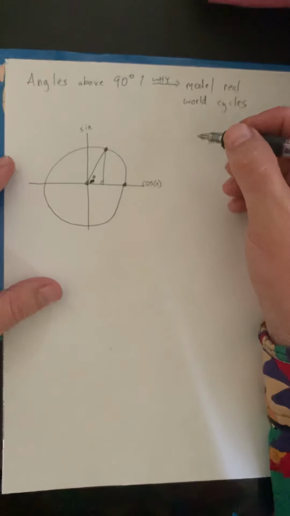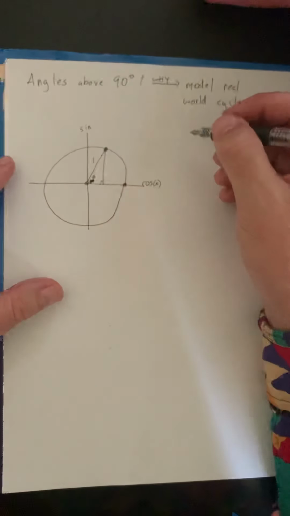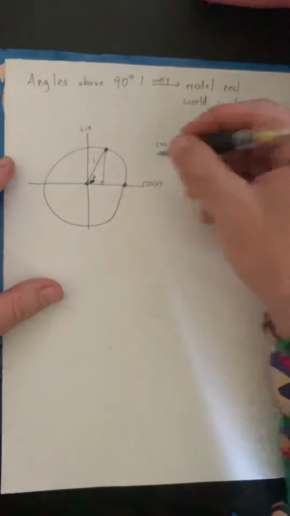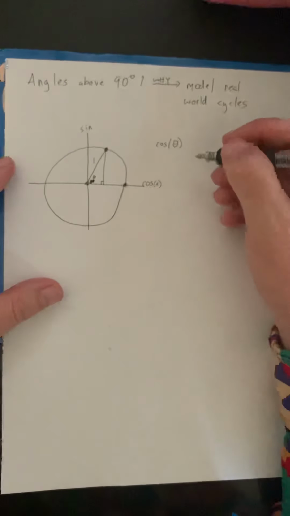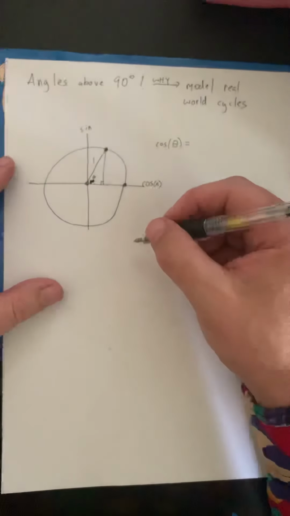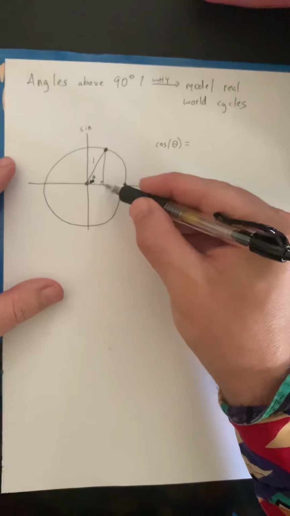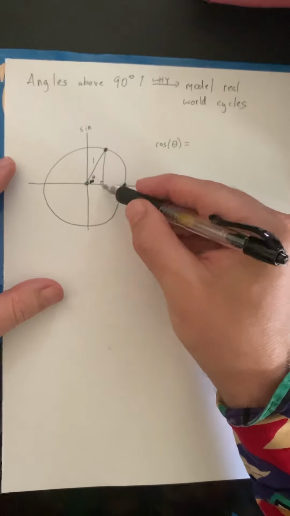If you're looking at that right triangle, and we know that the circle has a radius of 1, you say, okay, let's find the cos of this angle. We don't know it, so I'll call it theta. This is like x, but you use it for angles. And we know that's adjacent over hypotenuse. So the adjacent is this distance from here to here. Well, what do you call a distance that goes left to right on a coordinate plane?